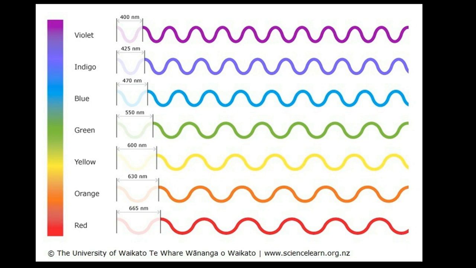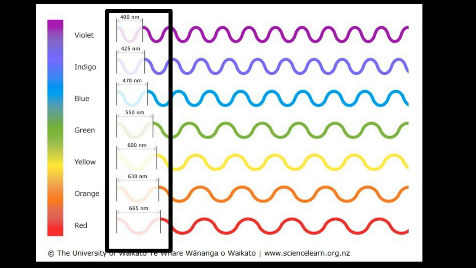And you can see that violet has the shortest wavelength of 400 nanometers, and the color red has the longest wavelength of 665 nanometers. So those are the actual measurements of each of those colors. 400 nanometers for violet, 665 nanometers for red. And you can see the difference there.